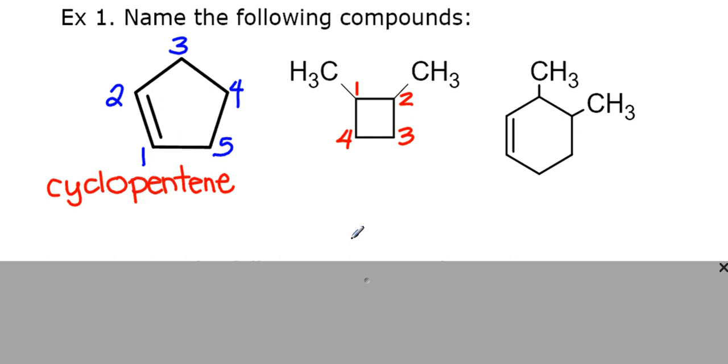I've got 4. Next, I'm going to look at anything else with double bond, triple bond, nothing fancy like that, so I could start to put the name together. Branches still go out front of the name, so I've got branches on number 1 and number 2. They're both methyls, so I'm going to put dimethyl.